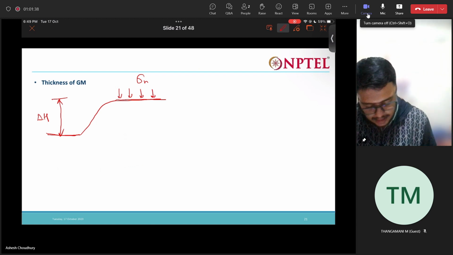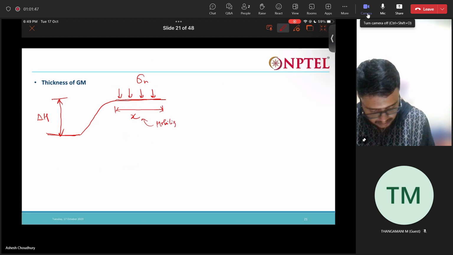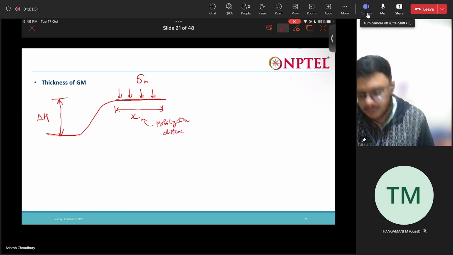And this is the mobilization distance, and this is inclined at an angle theta.